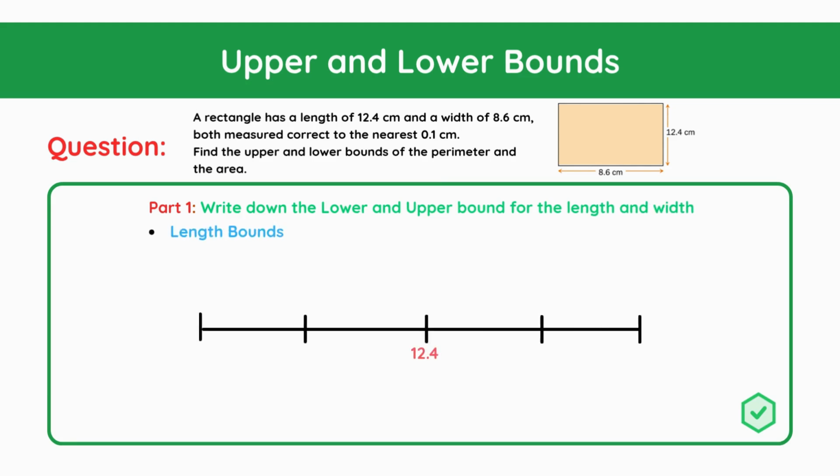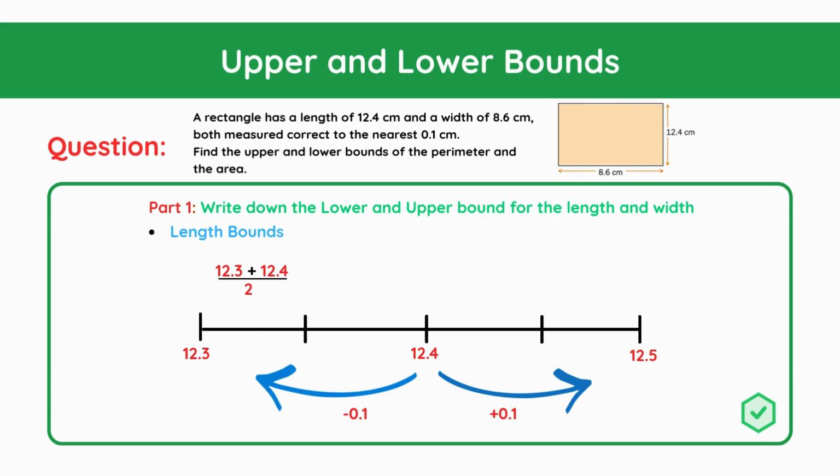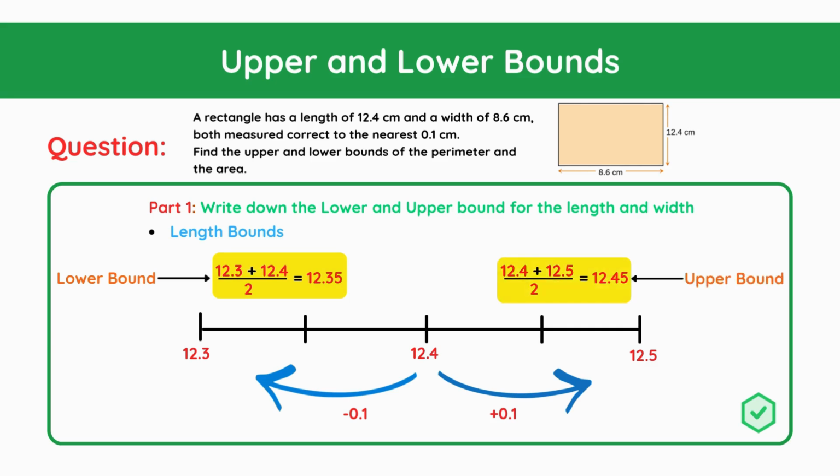For the length, 12.4 plus 0.1 is 12.5 and 12.4 minus 0.1 is 12.3. The midpoint between 12.3 and 12.4 is 12.35 and the midpoint between 12.4 and 12.5 is 12.45. So the lower bound of length is 12.35 and the upper bound is 12.45.